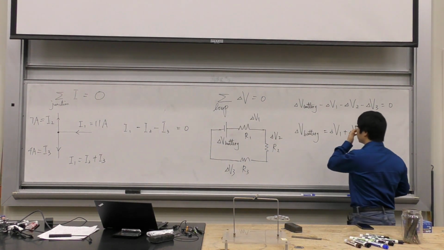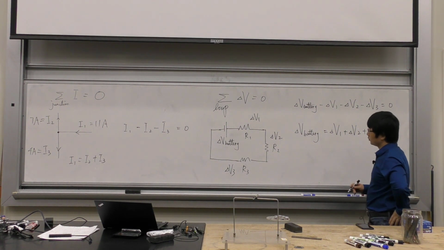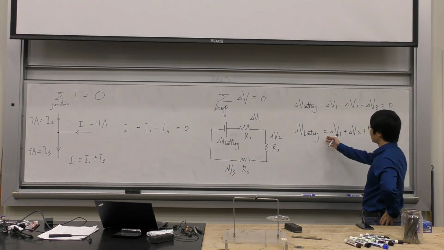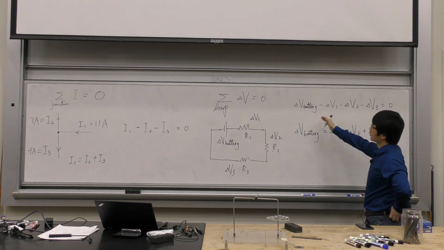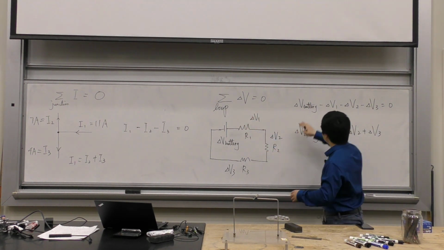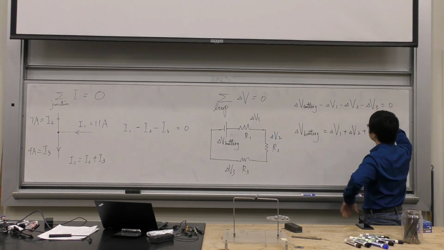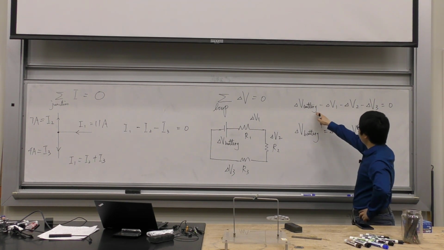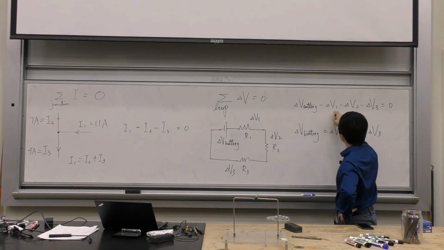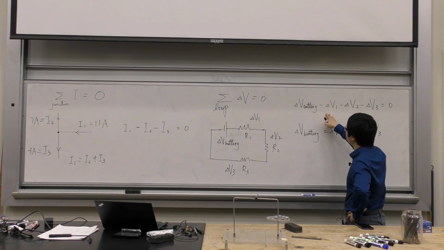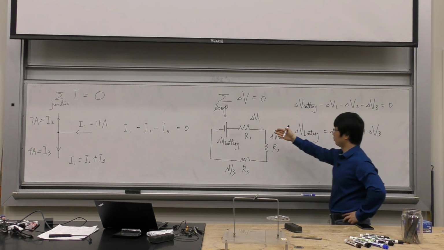Then you may ask, okay, let's just always use this loop rule, write all the voltages on the left and equal them to 0. But why are there positive signs and negative signs? How do I decide which one I should call positive, which one I should call negative? Why don't I just add all these numbers together?